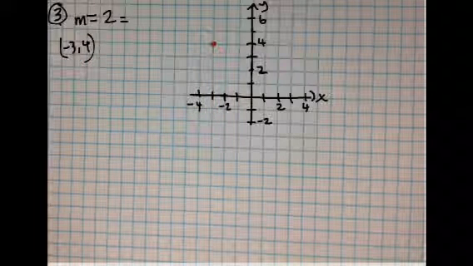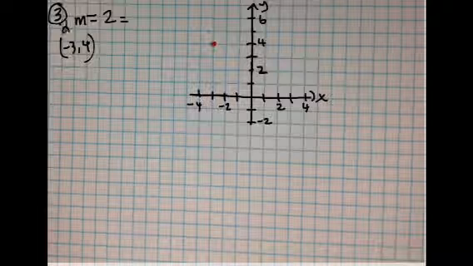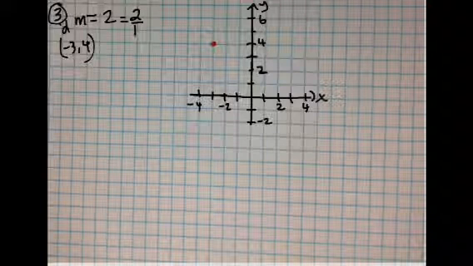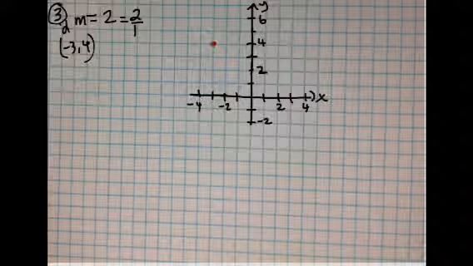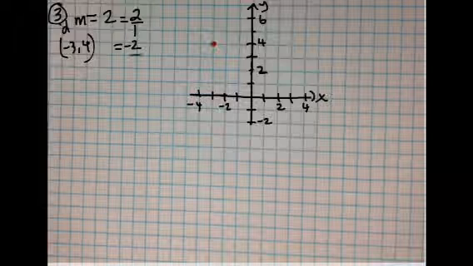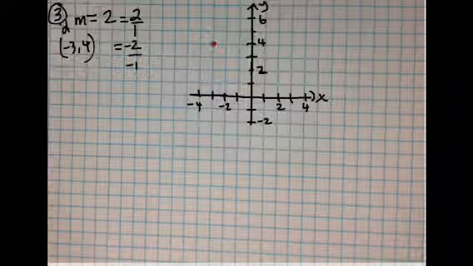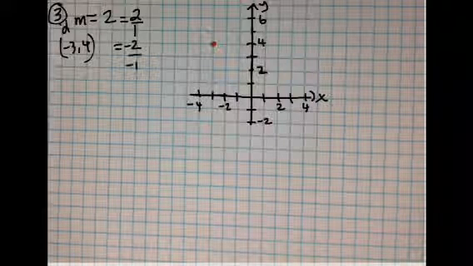For number 3D, the slope is positive 2, so we know the line is going to go up from left to right. I can write 2 as a fraction, 2 over 1, and I could also write it as negative 2 over negative 1, right? That's still positive 2. When I use positive 2 over positive 1, I'm going to rise up 1.